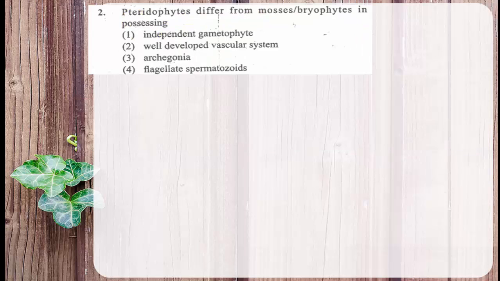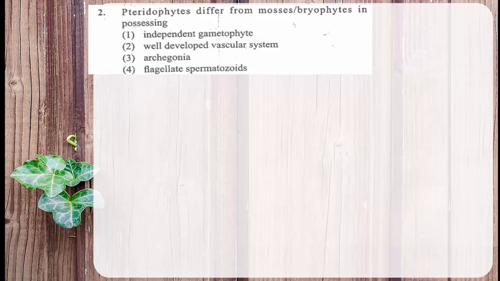Then moving to the next question. Pteridophytes differ from mosses or other bryophytes in possessing. The question is given in comparison with the bryophytes and the character of pteridophytes. Which character of the pteridophytes differentiates them from the bryophytes?